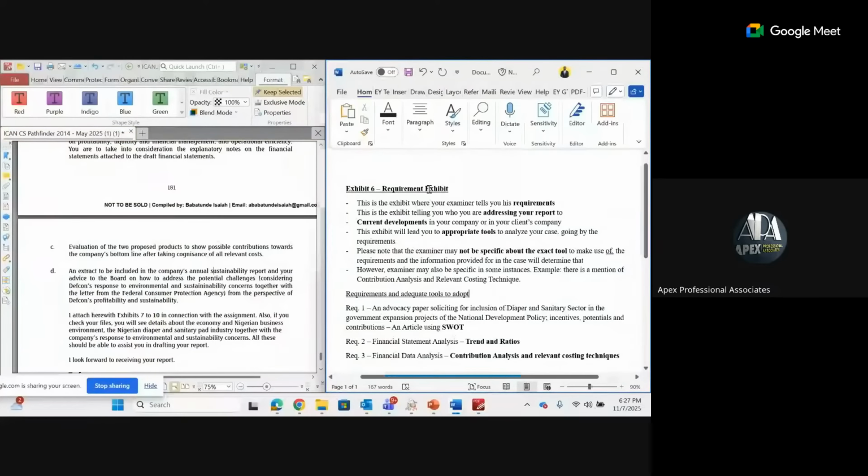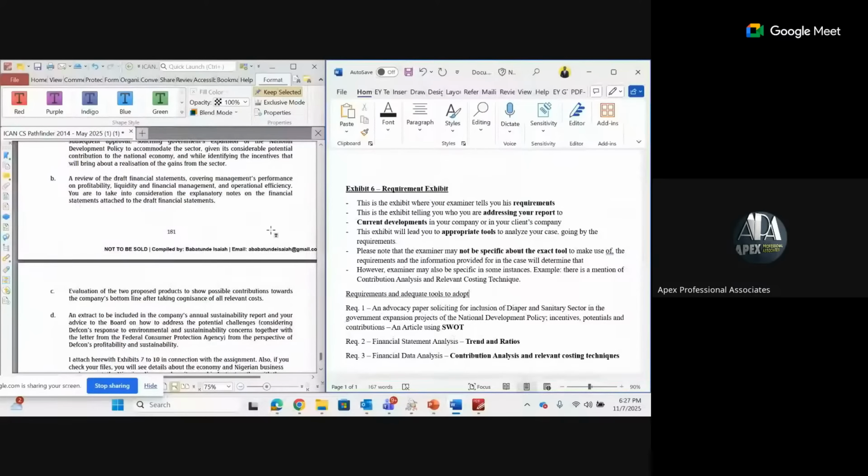So I was trying to highlight from Exhibit 6, you are going to identify your requirements. That's number one. Number two, from that Exhibit 6, you would know who you are addressing your reports to. Also in that Exhibit 6, you are going to know the current developments in the company or in your client's company. Also in that Exhibit 6, it will lead you to appropriate tools.